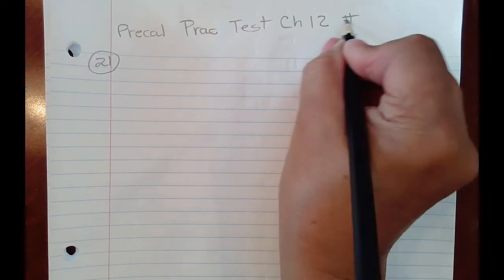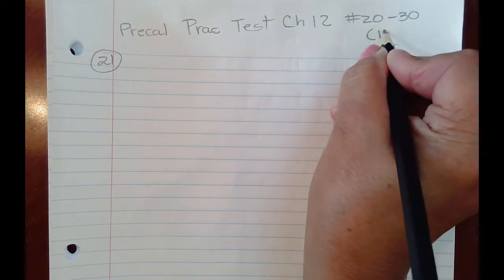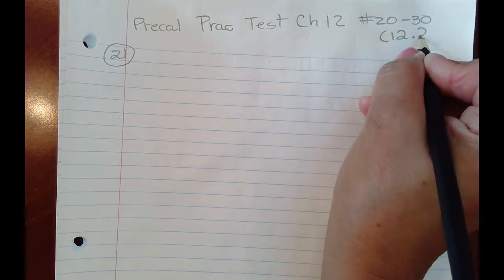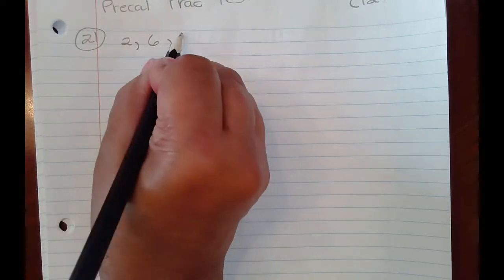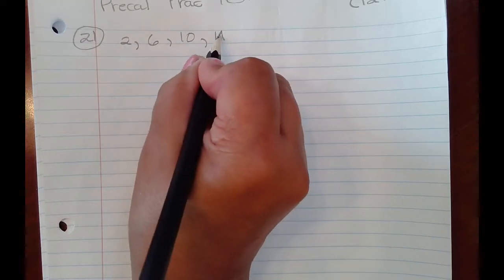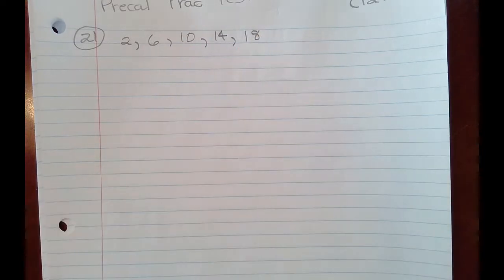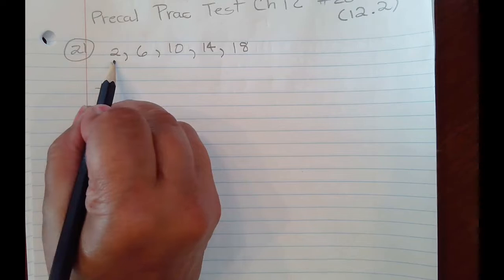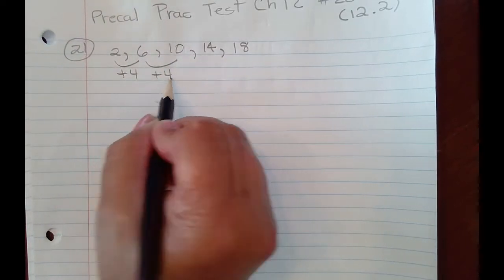Again, we're in numbers 20 through 30, and those have to do with section 12.2. So for number 21, we have 2, 6, 10, 14, and 18. And we want to know, under the same instructions, is this an arithmetic sequence? So as you go from here to here, you'd have to add 4. From here to here, you'd have to add 4.